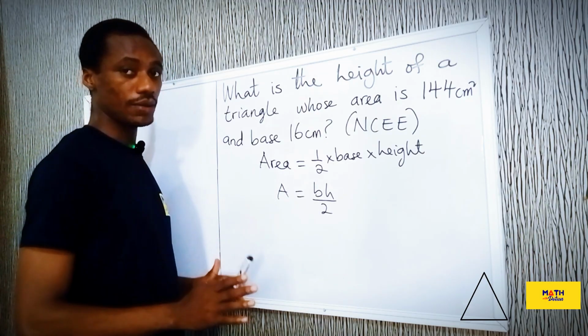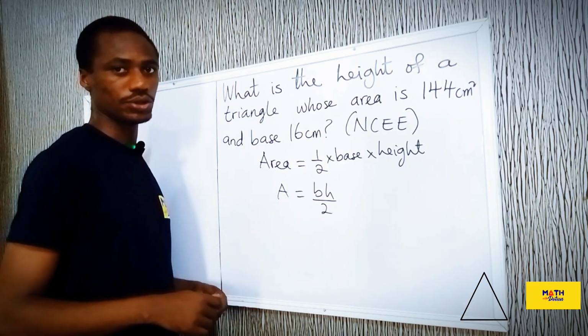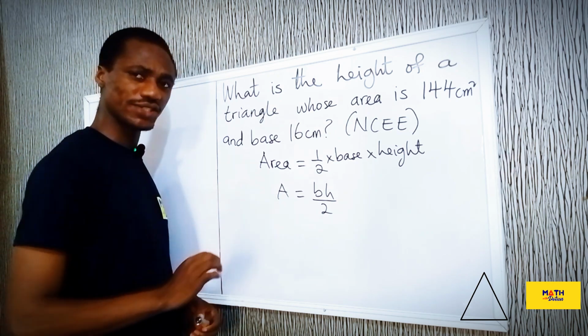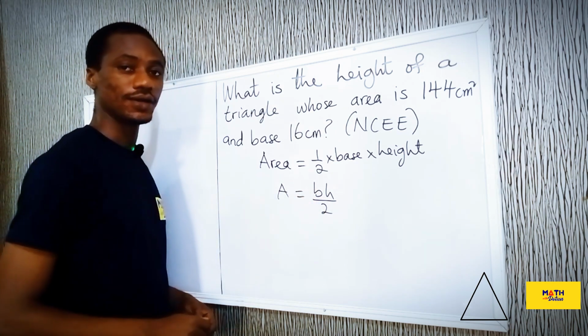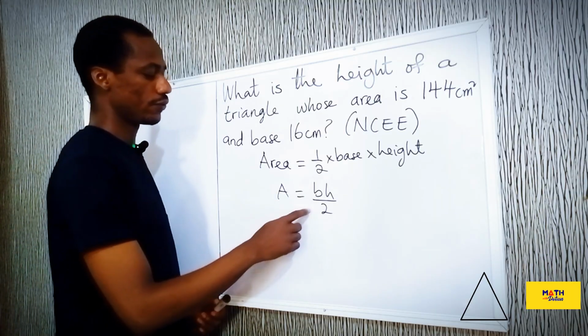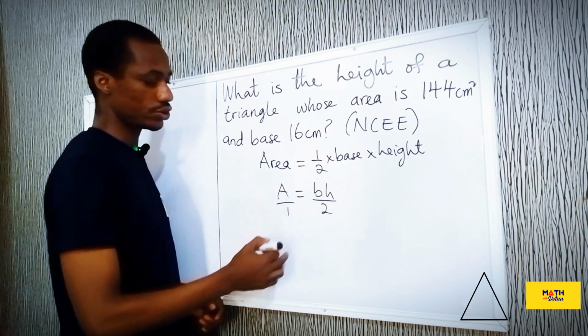You could just memorize the formula to find the height, but it's also good if you can find your way around. So if you want to change the subject, and have the height to be the subject of the formula, we first cross multiply. Let's change this to a linear equation.